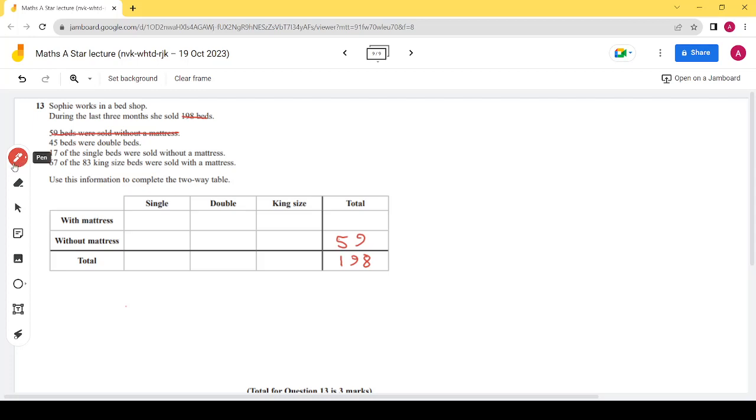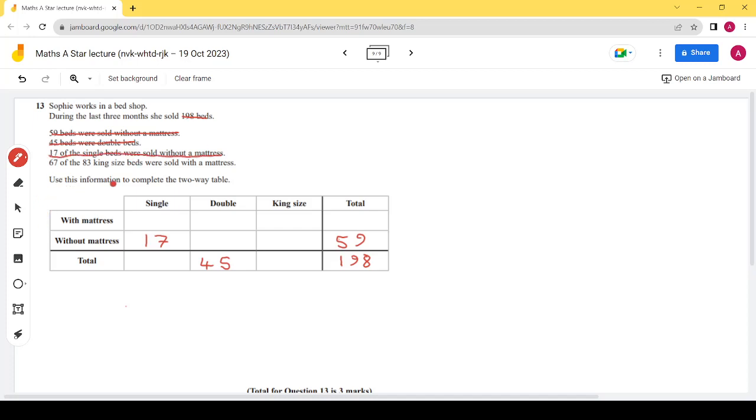We're told 45 beds were double beds. So again, we can put in the total for double. We can put a 45 and cross that out. And then we're told 17 of the single beds were sold without a mattress. So we can put in our 17 here and cross that out.